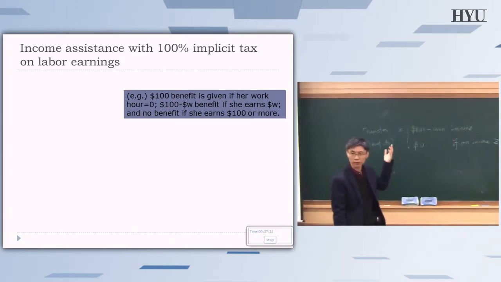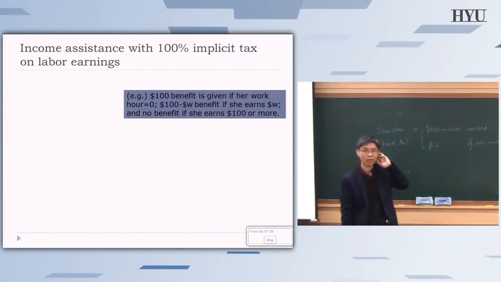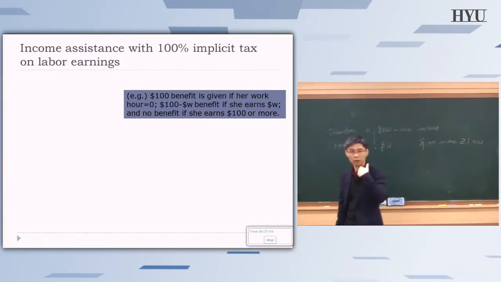According to this welfare benefit, her income, including welfare benefit, should be $100, right? If she works for 1 hour, what's her total income? It's still $100. Why? Because she earns 110, but government gives out only 90.